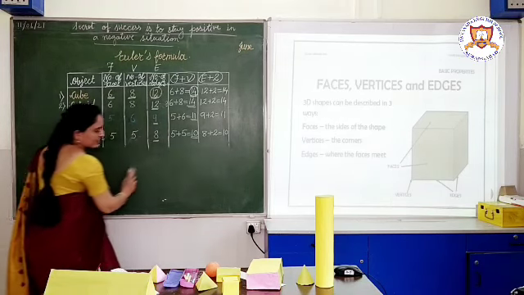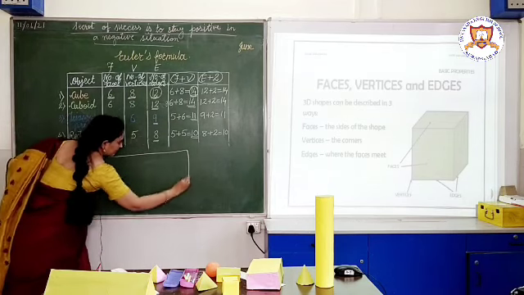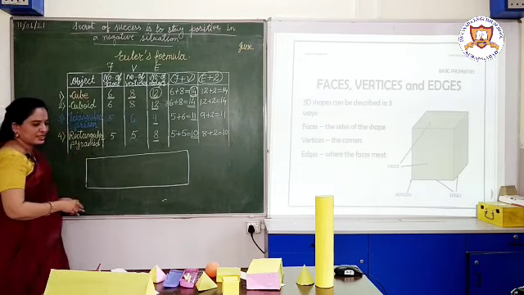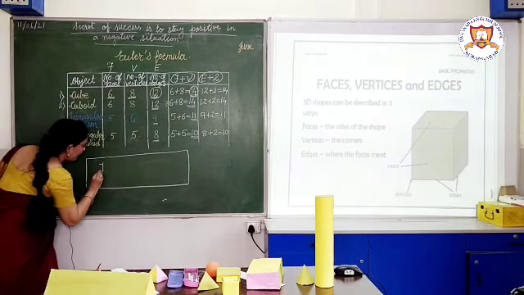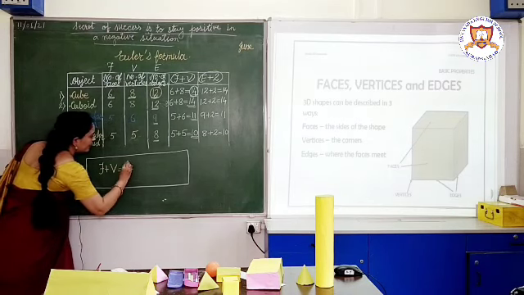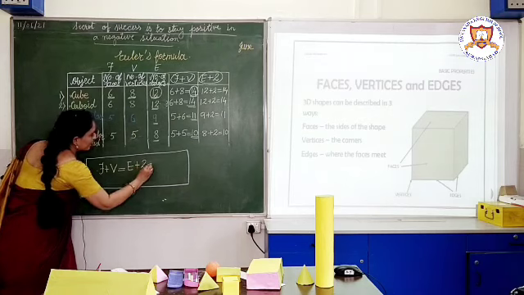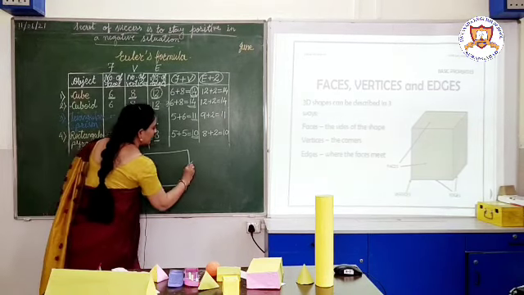So our formula is telling that, this is our very important formula. F plus V is always equal to E plus 2.